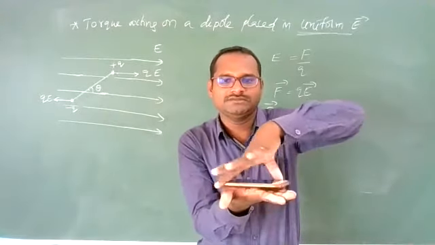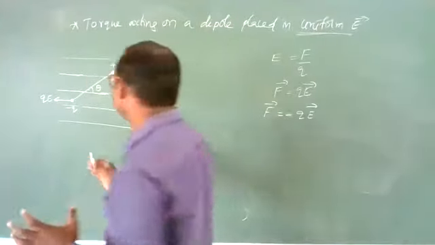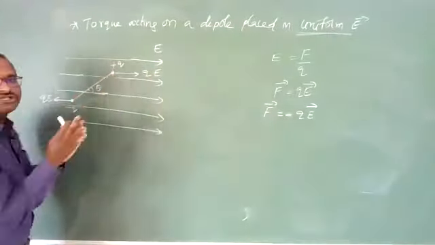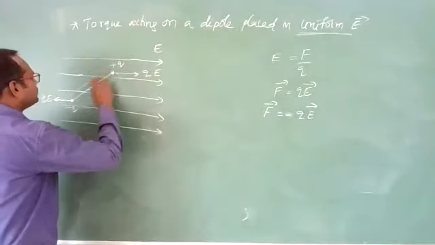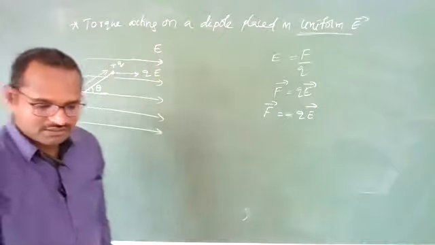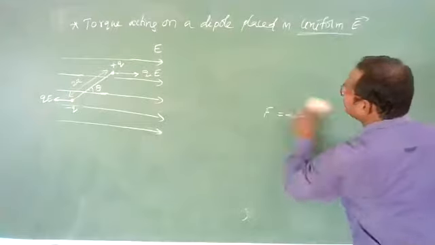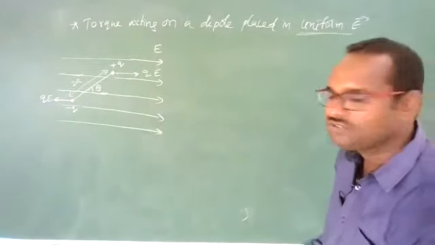Definitely it will turn, it will rotate. The two forces constitute a couple, and the length of the dipole I have taken is 2a. So this dipole will rotate now. Due to that rotation, how much torque will act, we need to find.